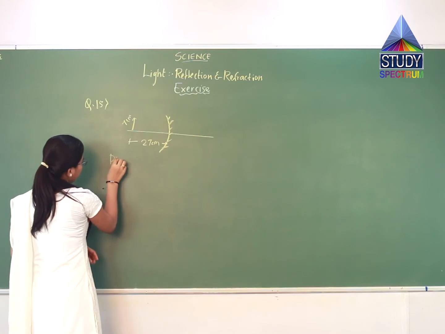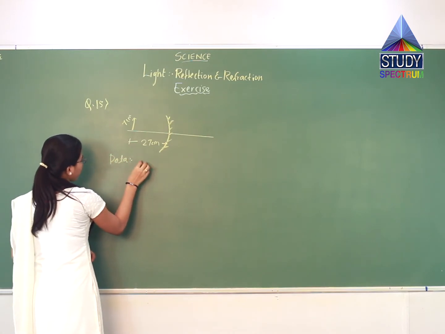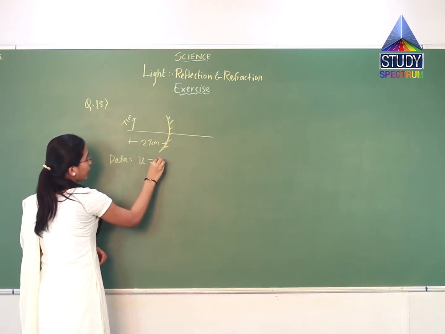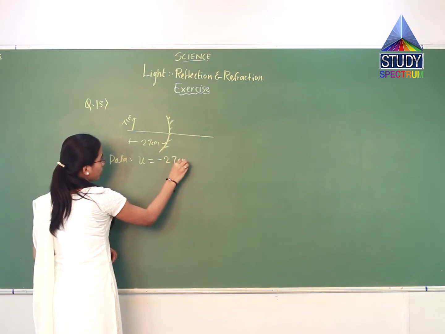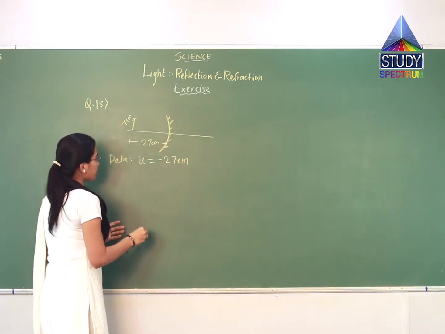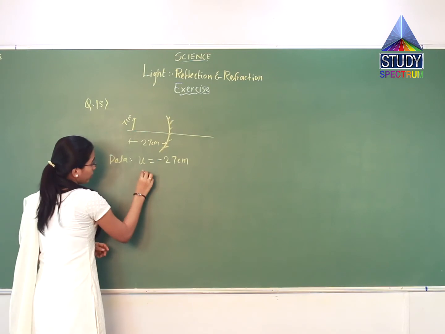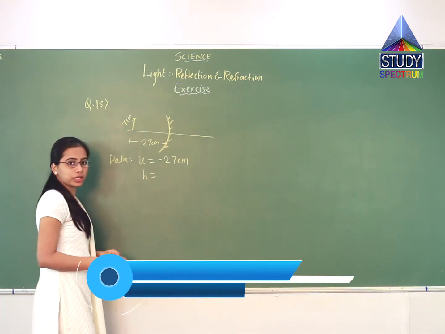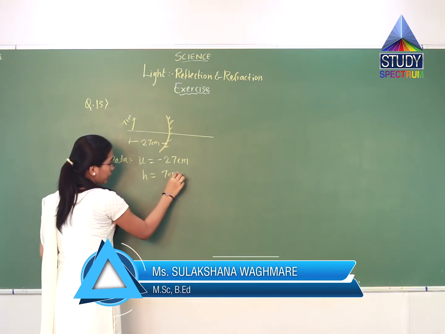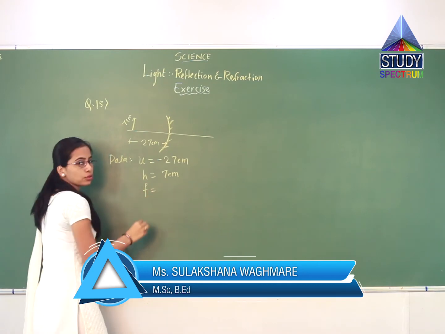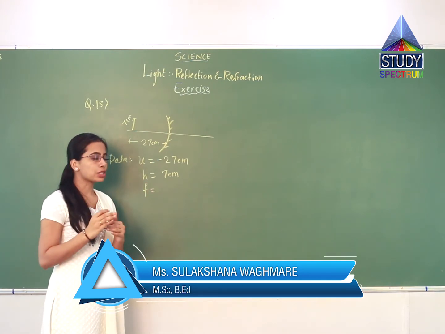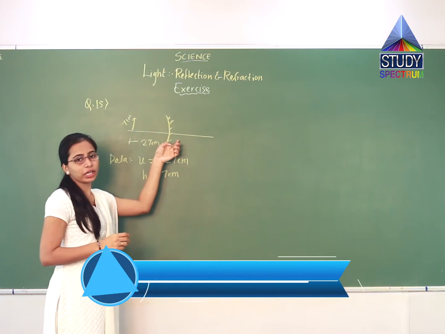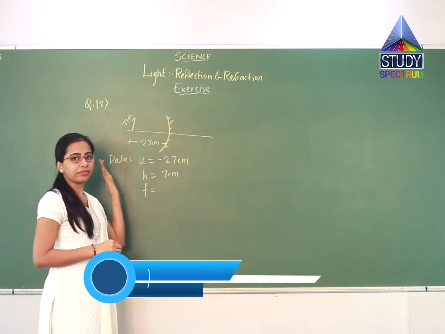So let us write the data. U will be negative since it is on the left hand side. Then the height of the object is given, so it is 7 centimeter. Focal length is also given. So as you know, for a concave mirror, the image is obtained on the left hand side.